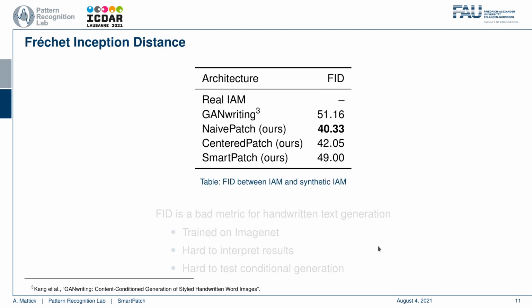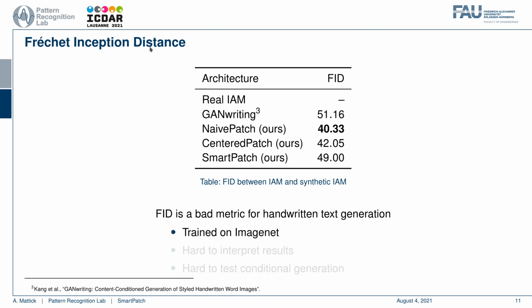The first thing you usually test in generative models is the FID, the Fréchet Inception Distance. Ours performs better than the prior art. However, we also argue that FID is a bad metric for handwritten text generation. We're not the first ones to do so, and the arguments are basically the following.